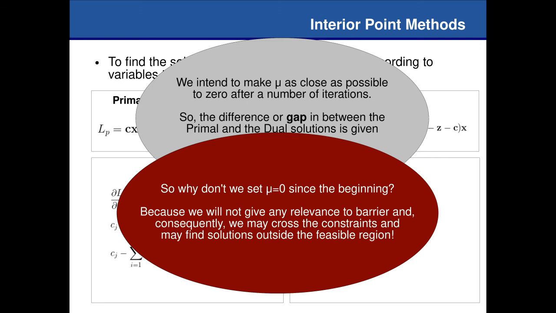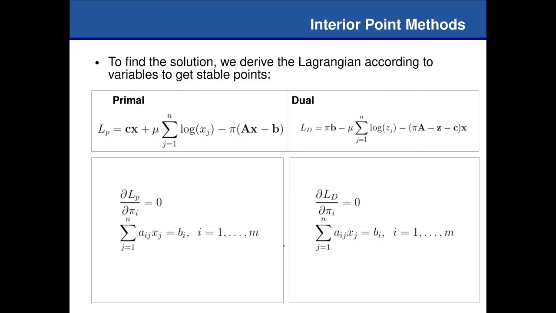So along the iterations, I need to decrease mu. And in this particular linear optimization problem, I need, of course, to get close to the barrier. Why? Because the solution lies on a vertex. Remember, the solution lies on a vertex. So I need to get close to it.